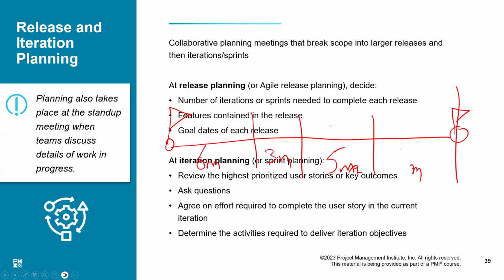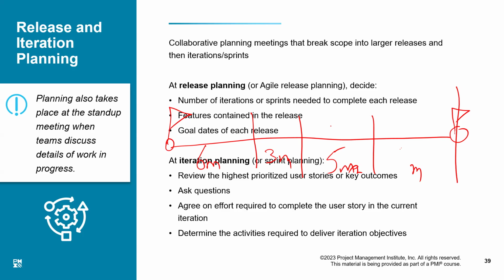If that is the case, what is generally the size of an iteration? What should be the size of an iteration? Maybe a month.